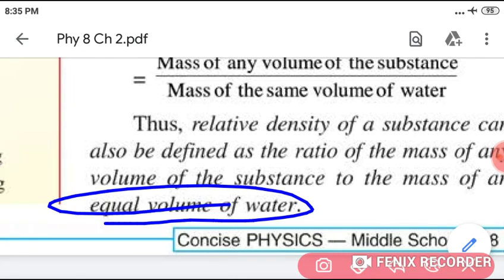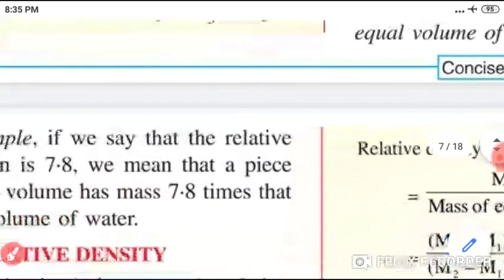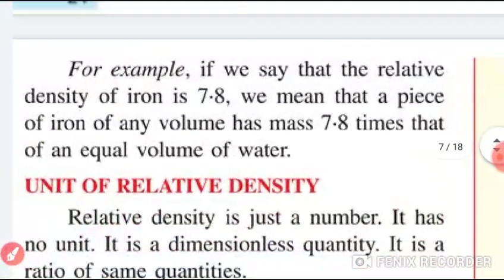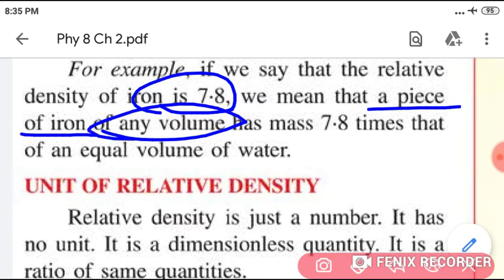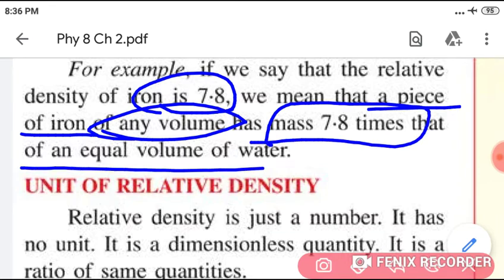Okay, students. So, we can say that the relative density of iron, here in the example 7.8, means that a piece of iron of any volume has 7.8 times the mass of an equal volume of water.